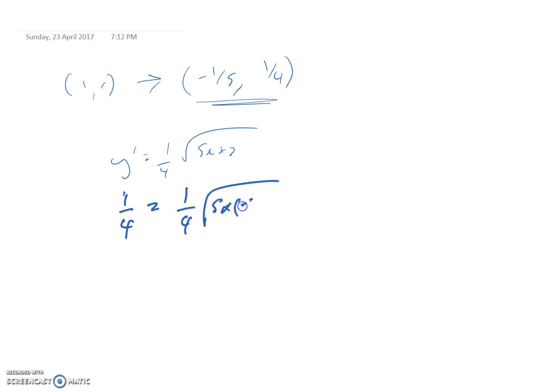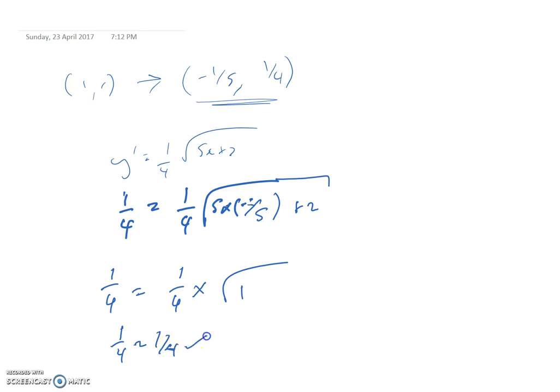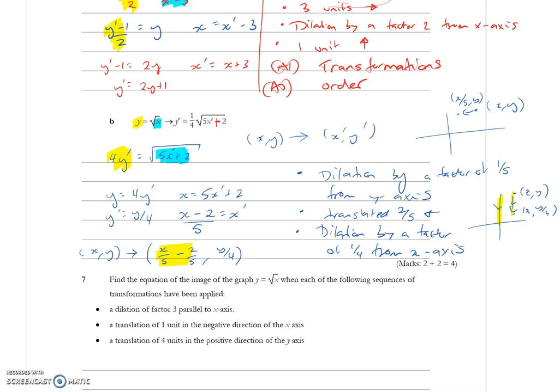Five times negative 1/5 plus 2, that is a quarter times negative 1 plus 2, which is 1, so you get back a quarter equals a quarter, which is just one way of checking. So you've got that one right. Alright, and that's it for that video.